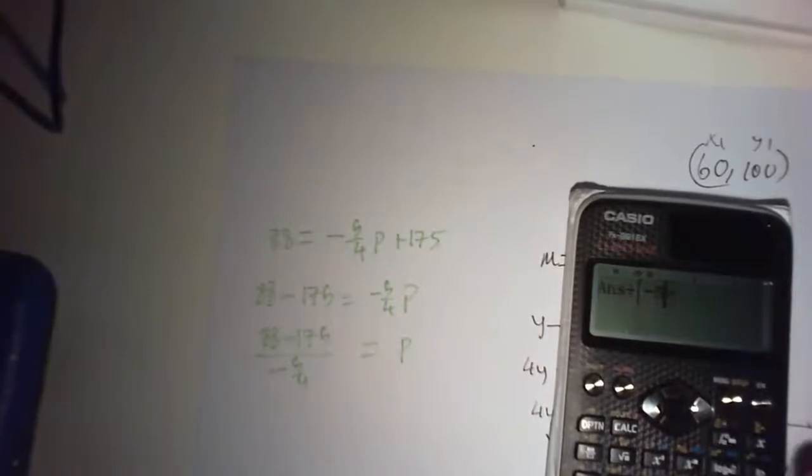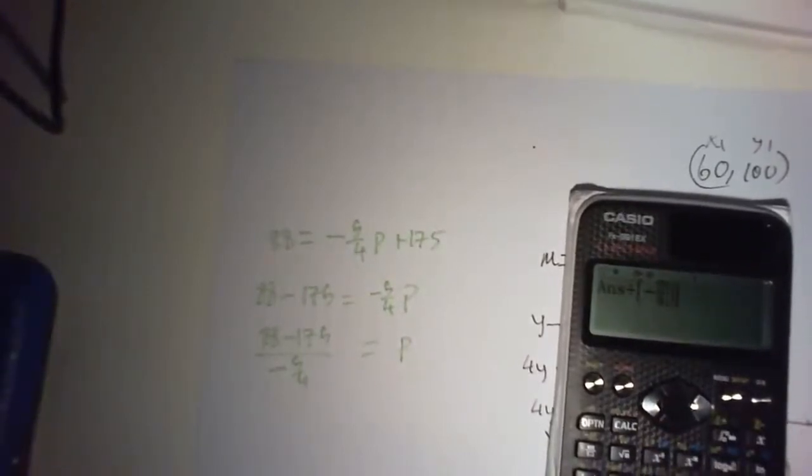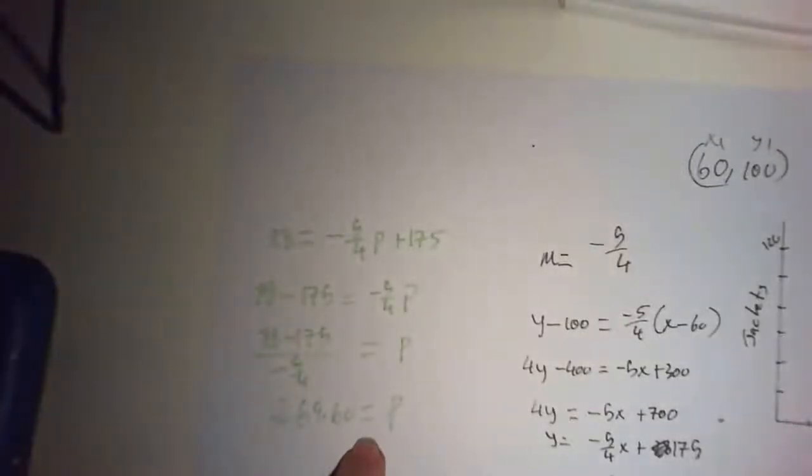Oh, delete. Minus 5 over 4. Oh, God, good job I checked on my calculator. €69.60. P equals €69.60. That useless piece of crap on Microsoft. Okay, there it is. That's the first one done.